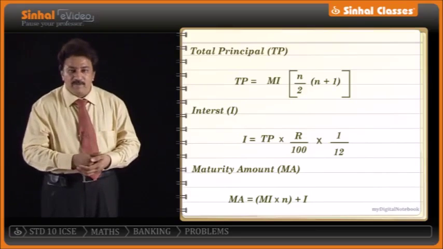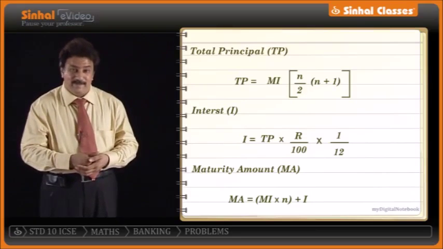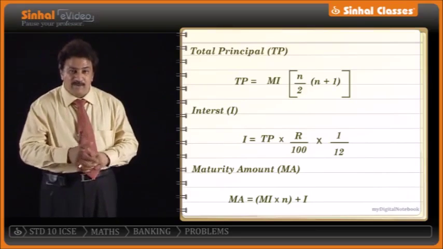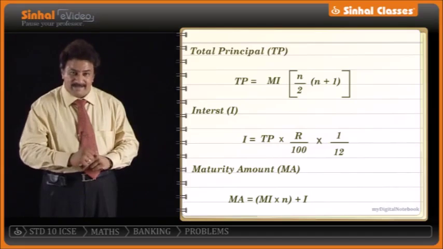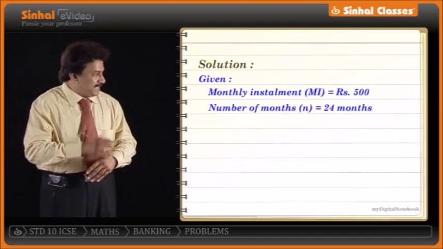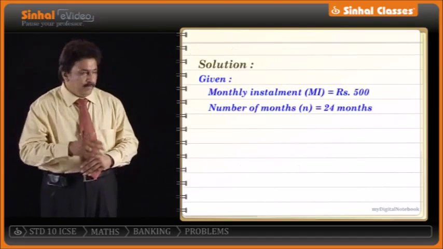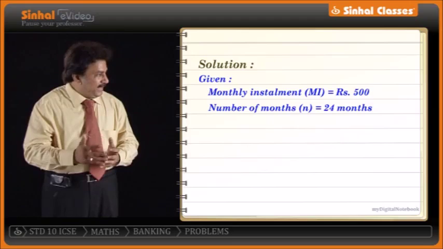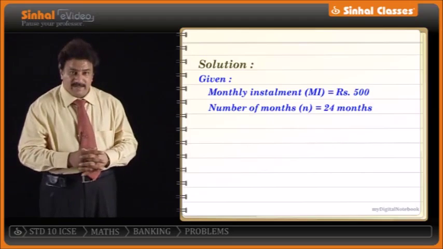Let's start with the first one, finding what? Total principal, for which I should know the monthly installment and the number of months. Let's check it out. Do we know the monthly installment? Yes, it is 500 rupees. Do we know for how many months she is going to the bank? Yes, that is nothing but 24 months.